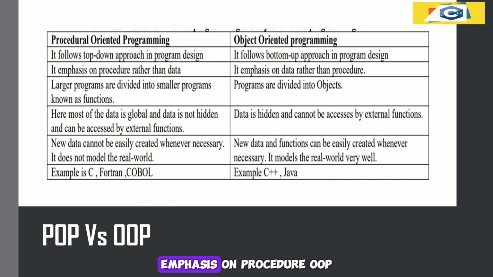POP emphasizes procedure, OOP emphasizes data. In POP, large programs are divided into smaller programs known as functions. OOP programs are divided into objects, because with the help of the object we access the data from function 1 to function 2, but the functions should be of its own class.